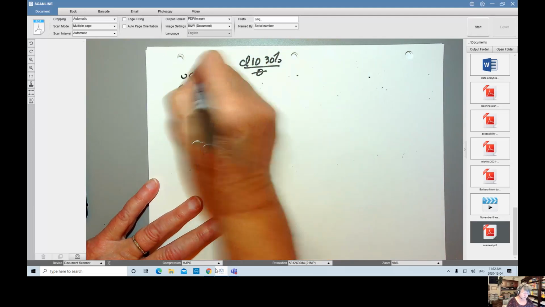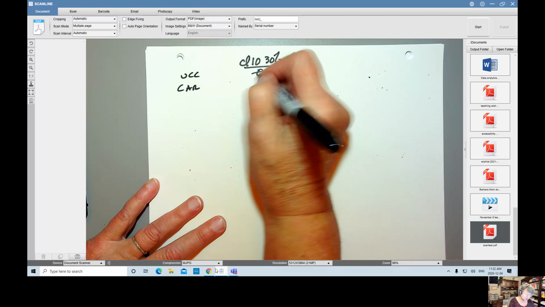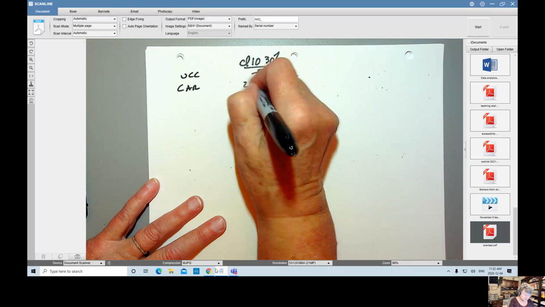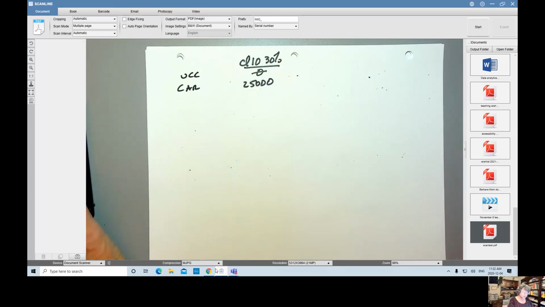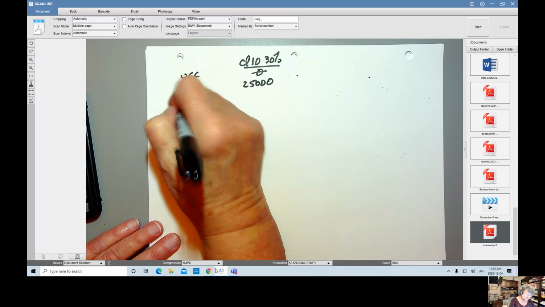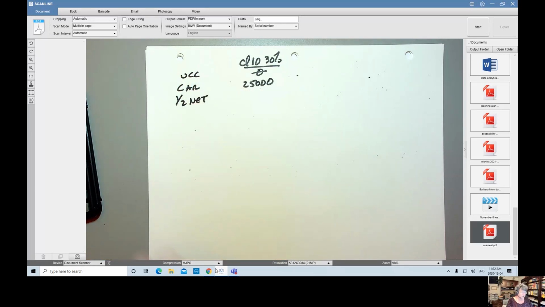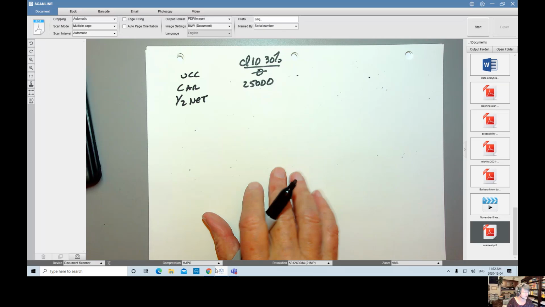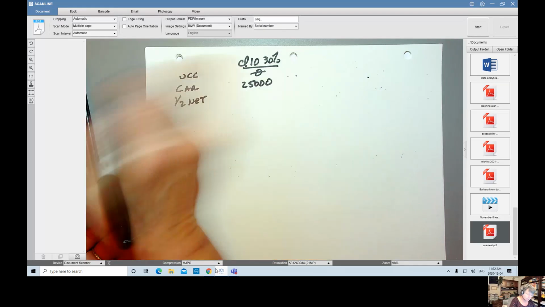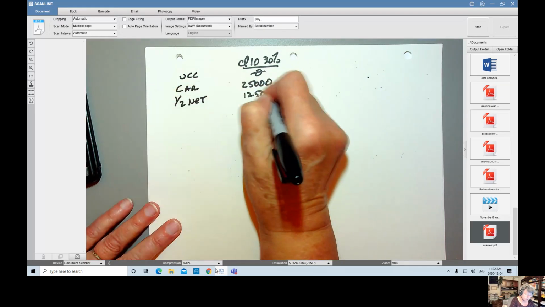We won't have any balance to start with, and we'll buy a car for 25,000. And then we have the 1/2 net additions versus disposals, and I'll show you an example of a disposition and an addition in the year in a few minutes. So 1/2 net is 12,500.